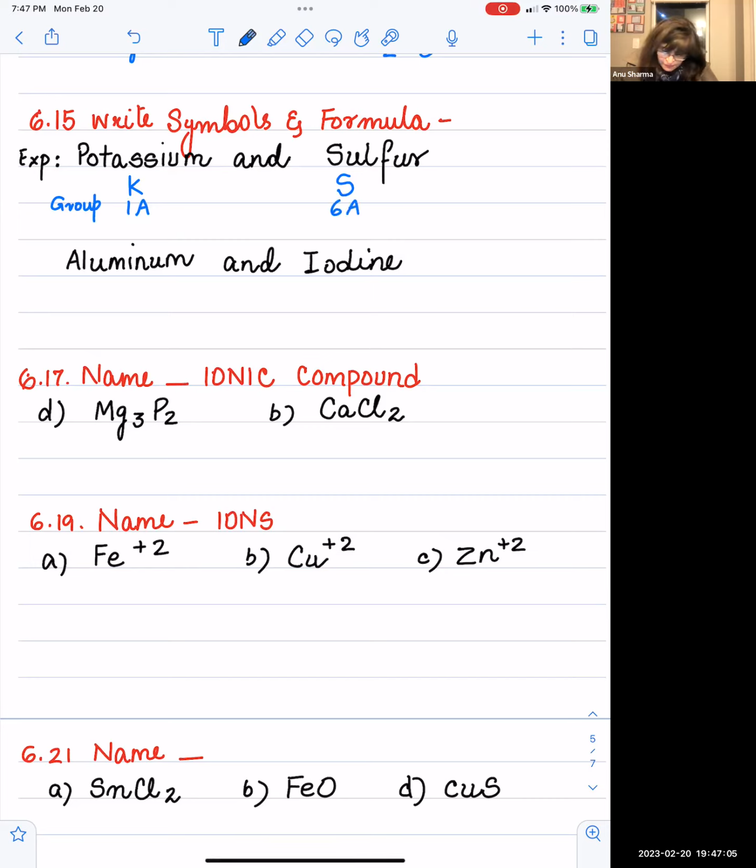That means potassium has 1 valence electron, and sulfur has 6 valence electrons. With that, potassium will form +1 charge, and sulfur is going to form -2 charge. Remember, sulfur is in group 6A, -2.